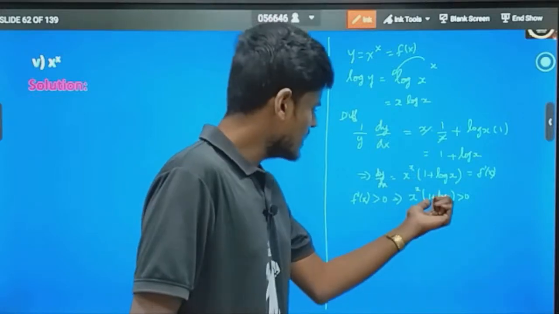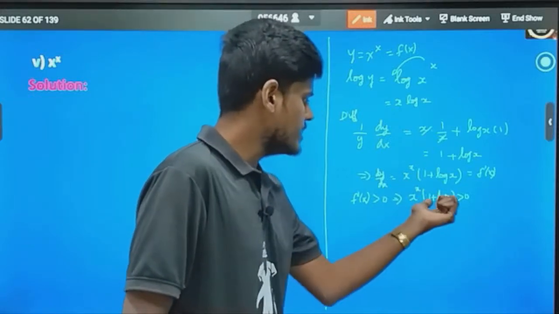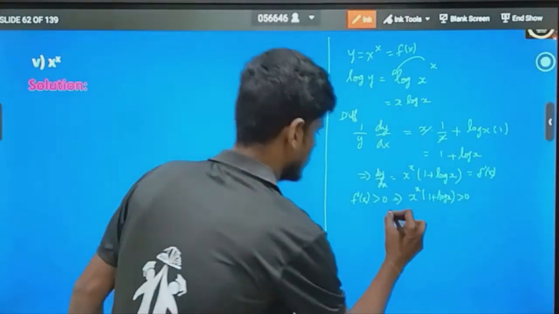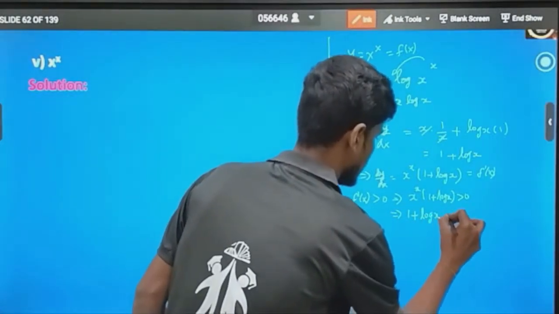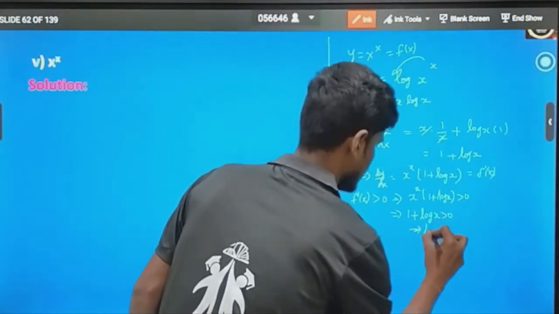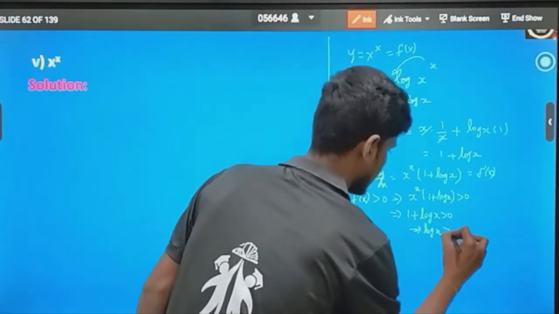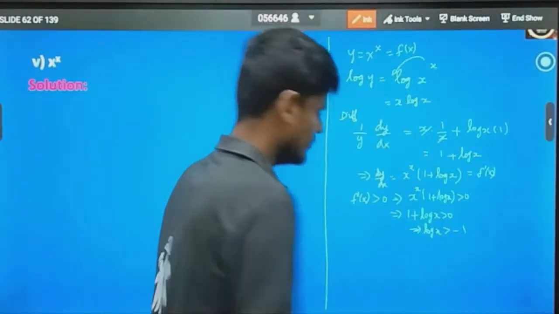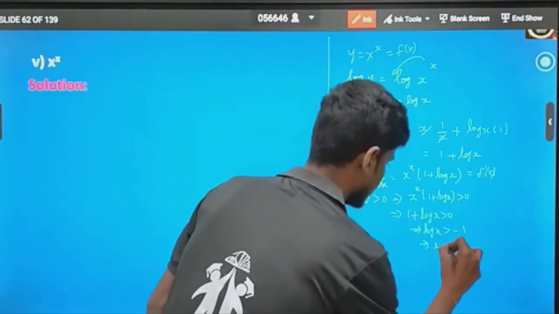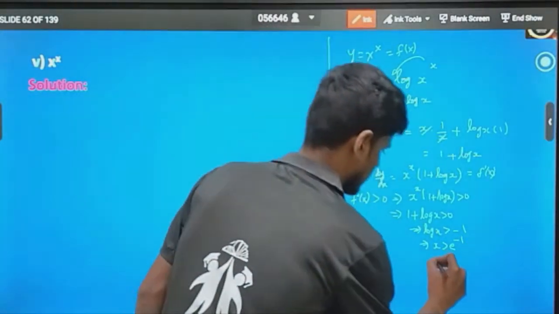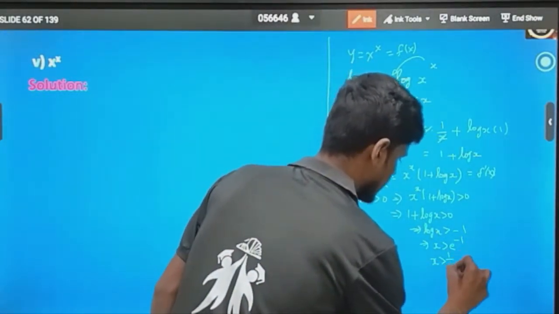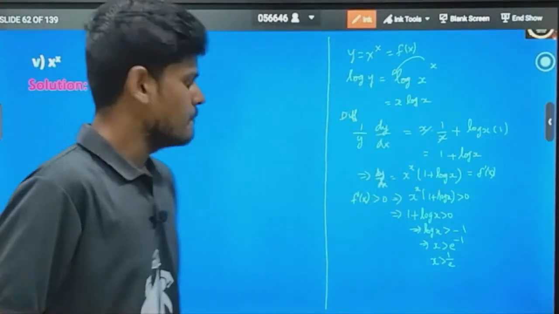Then 1 plus log x should be greater than 0, which implies log x is greater than minus 1, which implies x is greater than e power minus 1. And e power minus 1 is 1 by e. So x is greater than 1 by e.